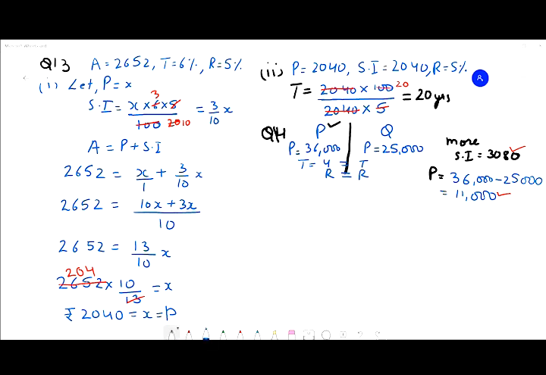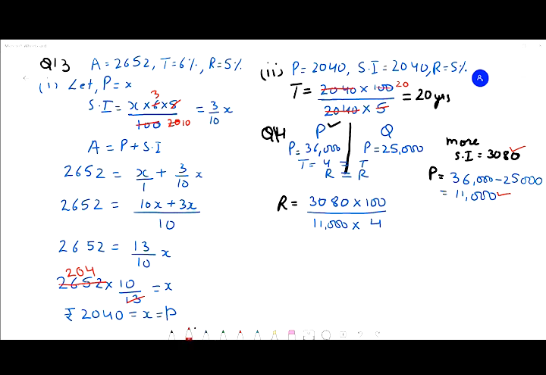Now to find out the R, what I have to do is, I have to write the SI, that is 3080, multiply with 100. Principal is 11,000 and the time is 4 years.